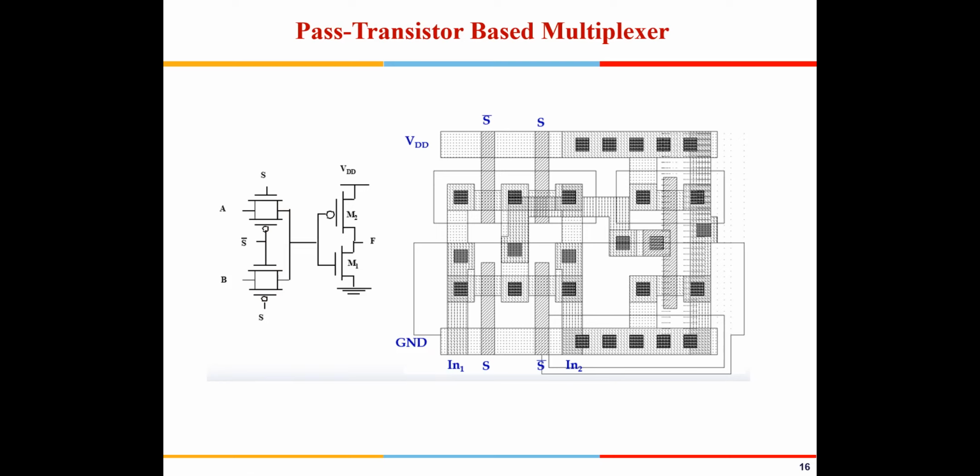I have just shown a 2-into-1 multiplexer. Higher multiplexers can have n inputs, out of which only one will be selected. So you will have a decoder to select one of the pass transistors to be switched on.